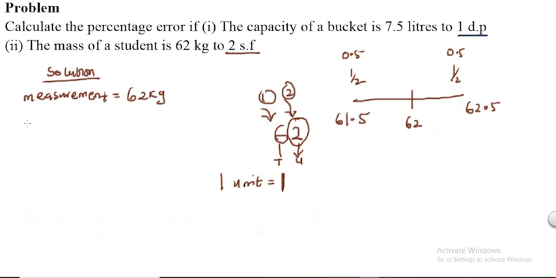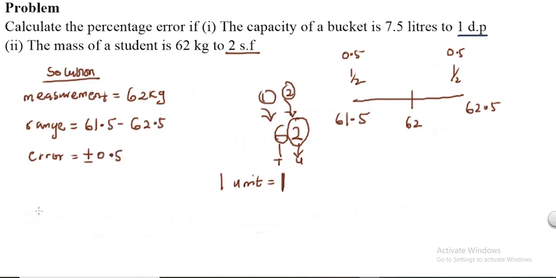So the range of values for our measurement could actually have been something between 61.5 and 62.5. And then our error is simply equal to plus or minus 0.5.